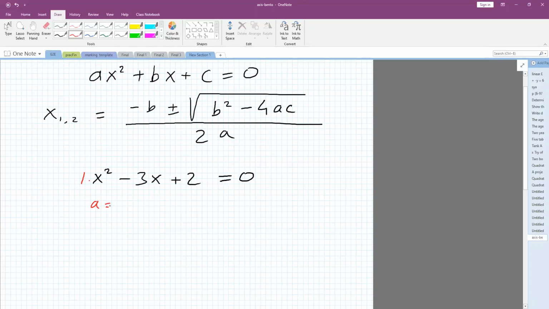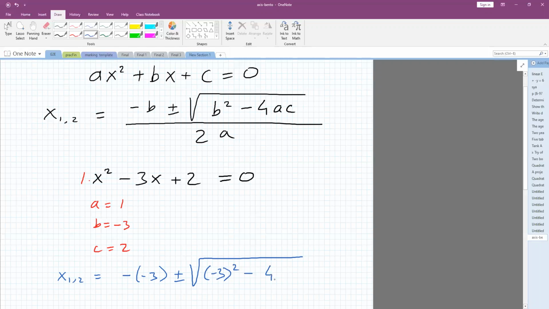So I will write here a equal to 1, b equal to minus 3, and c equal to 2. Now if we want to solve for the roots, we use that formula again. We get x1 or x2 equal to minus b, which is minus 3, plus or minus the square root of minus 3 squared minus 4 times 1 times 2, divided by 2 times 1.